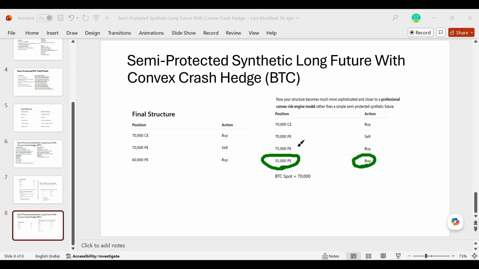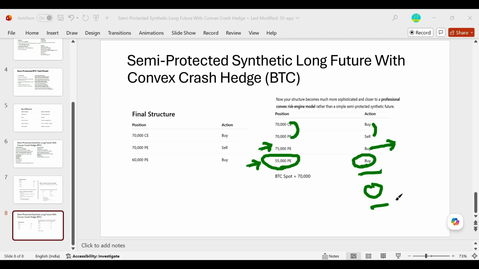The call and put will remain the same, but a deep ITM put you can also buy. Anyway, this is your delta as 1. By initiating one deep in the money put option and one out of the money put option, you make this delta 0.